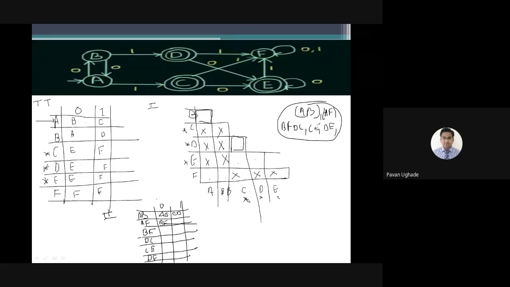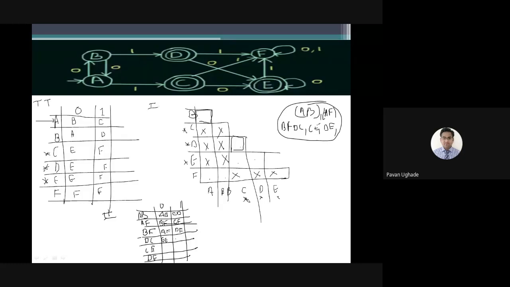Okay, AF over 1: A over 1 is C, F over 1 is F, so CF. BF over 1: A, F and DF. Next DC, that is EE and FF.